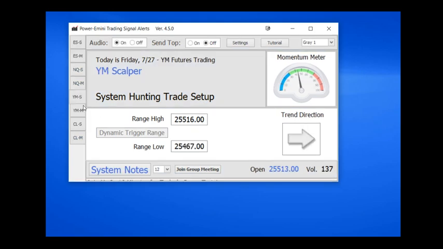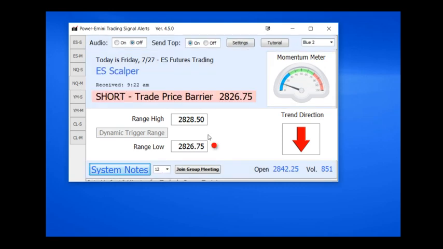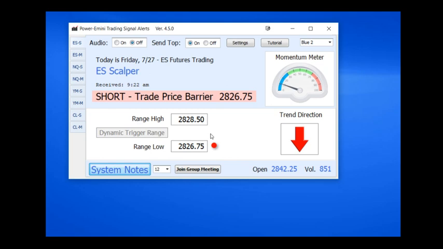Now I noticed we had a couple of missed alerts, it looks like today with the NQ and the other day with the YM. In other words, price passed the barrier, but we didn't get the alert. So I'm working on that. Not a big deal. That's just something I got to figure out in the back end.